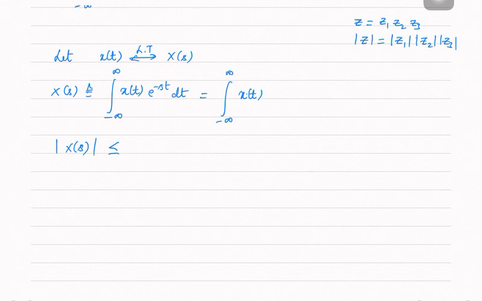Now if I take the mod, I can split it and write it as e power minus sigma t into e power minus j omega t dt. By the same steps, mod of e power minus j omega t is equal to 1, and you get a condition for existence of the Laplace transform.